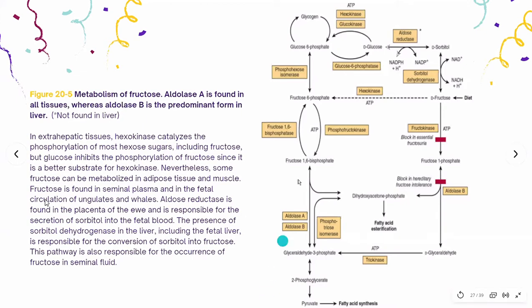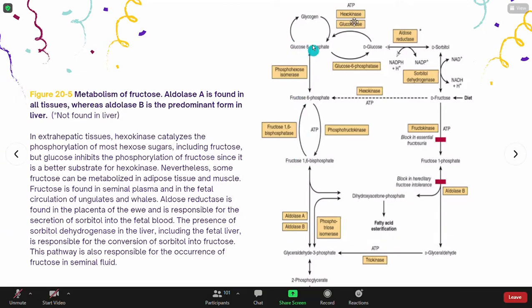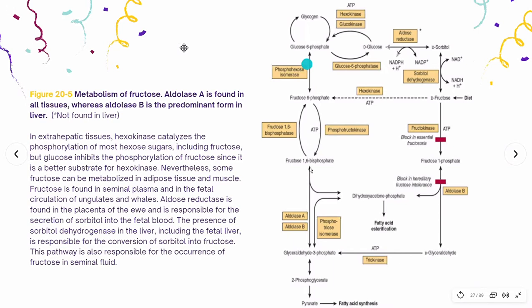Okay, so if you look at this, this is glycolysis. Remember? Now glycogen, glucose 6-phosphate, and then fructose 6-phosphate, and so on. Split into two, dihydroxyacetone phosphate and glyceraldehyde 3-phosphate, and then it becomes pyruvate.